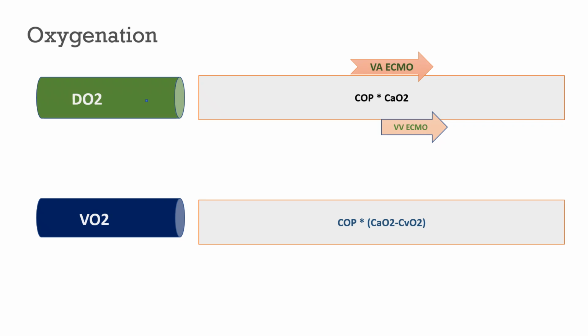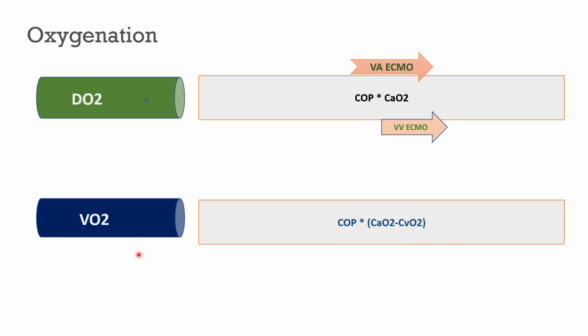About oxygenation, we need to define some terms. Oxygen delivery is the amount of oxygen delivered to the tissue, and it is equal to cardiac output multiplied by arterial oxygen content. For VV ECMO, we can increase arterial oxygen content, but in VA ECMO, both cardiac output and arterial oxygen content can be increased.